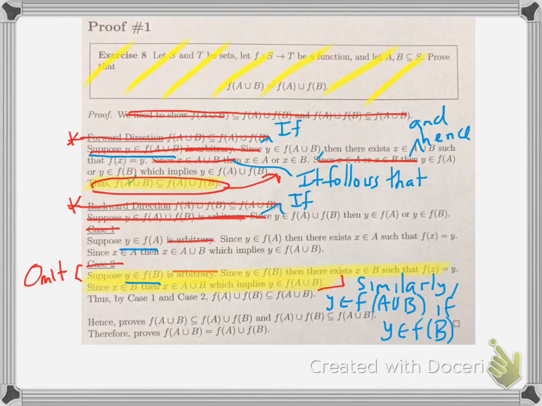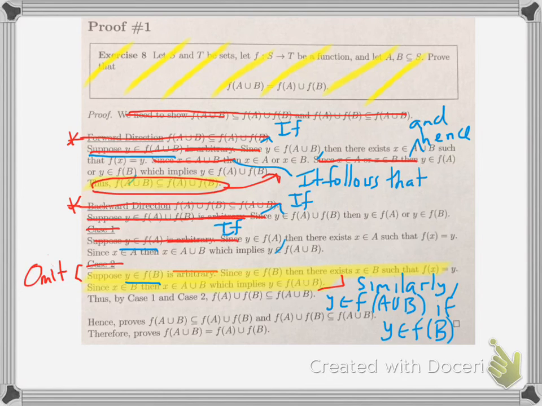Okay, let's look back at case 1, clean it up. Suppose y is in f of a, since y is in f of a. Okay, same thing. We can reduce this down to if y is in f of a, comma, then there exists x in a such that f of x equals y. Now we said, since x is in a, then, okay, we got that since then construction again.